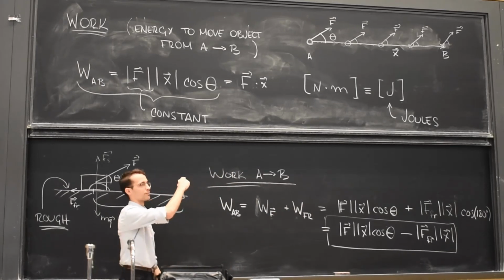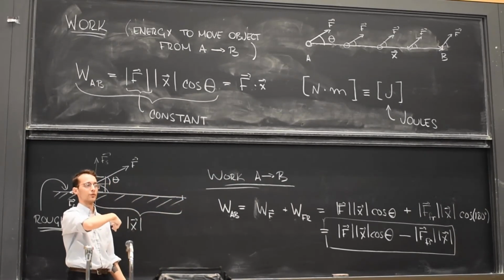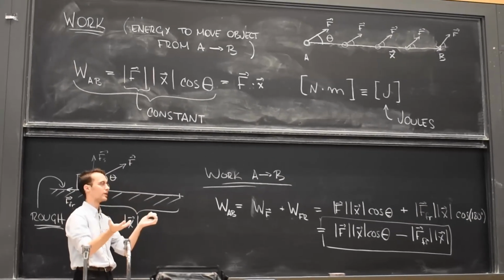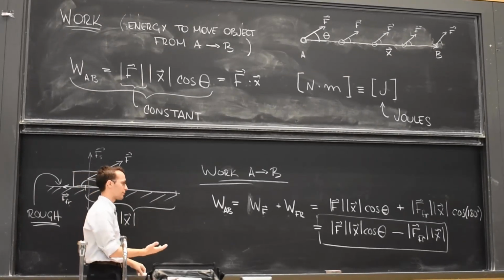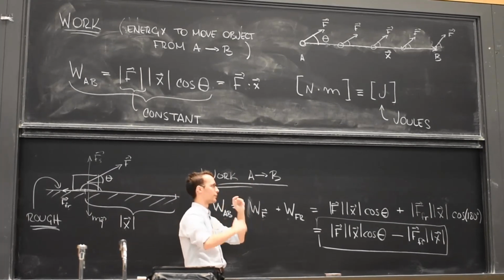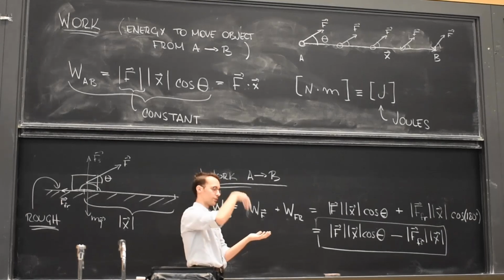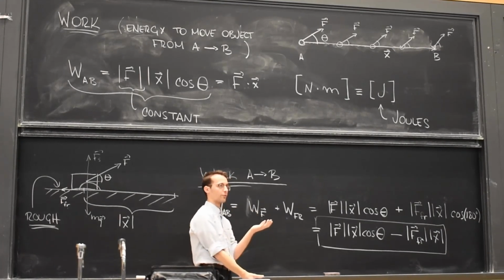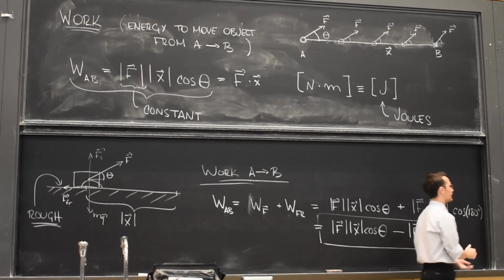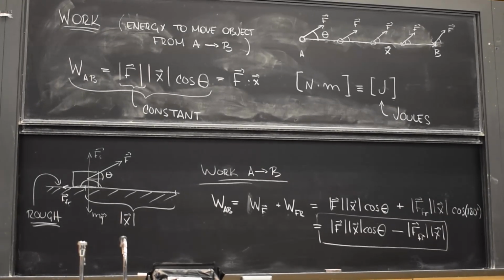It's any force that's applied opposite to the direction of motion. That is to say, if someone drops a big block on you and you try to catch it, but it's too heavy for you to actually stop it, you are applying a force that's upwards, right? You're trying to stop it, but gravity is too much and it's pushing it downwards. The motion is going downwards, you're applying a force opposite to it, so the force that you apply can also be negative. All right, so there we go.